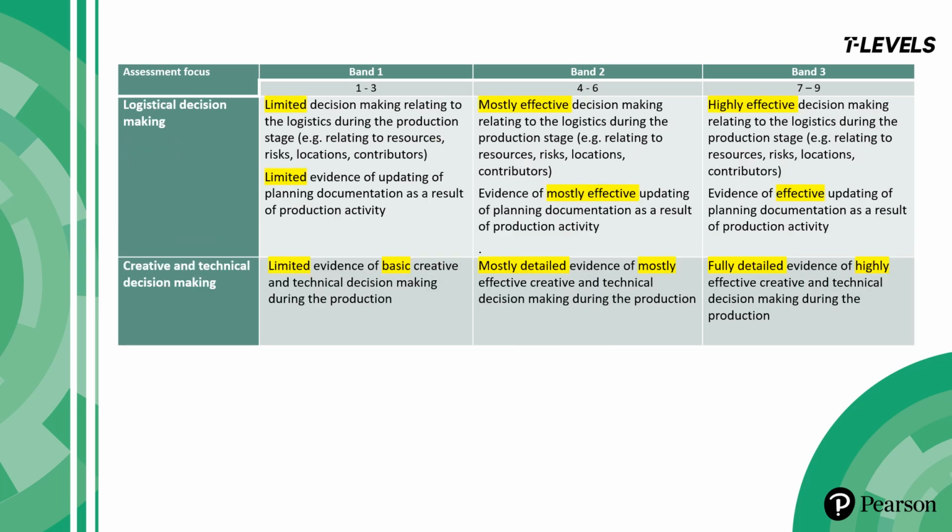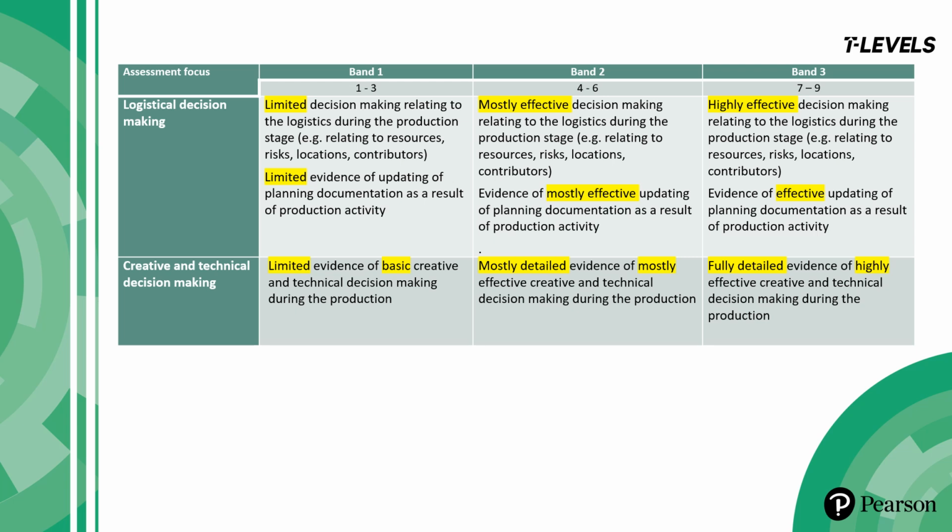In some cases, work will have qualities of different aspects of the grade descriptors in different bands. For example, in the assessment focus relating to logistical decision making, students must refer to both logistical decision making and updating of planning documentation.